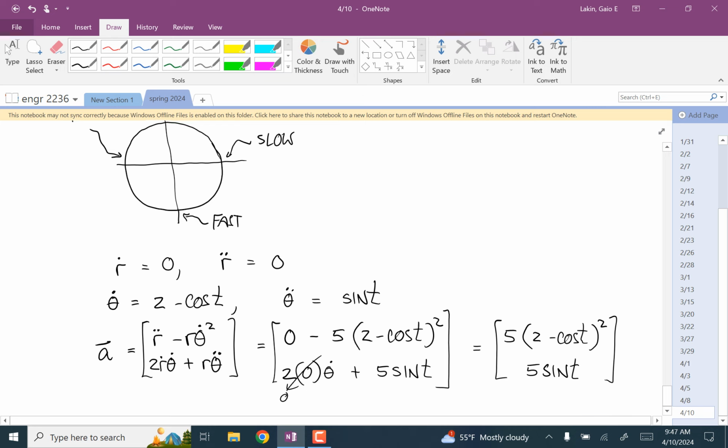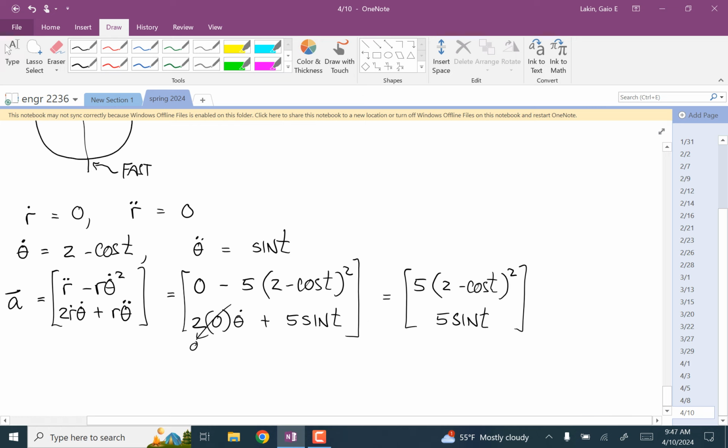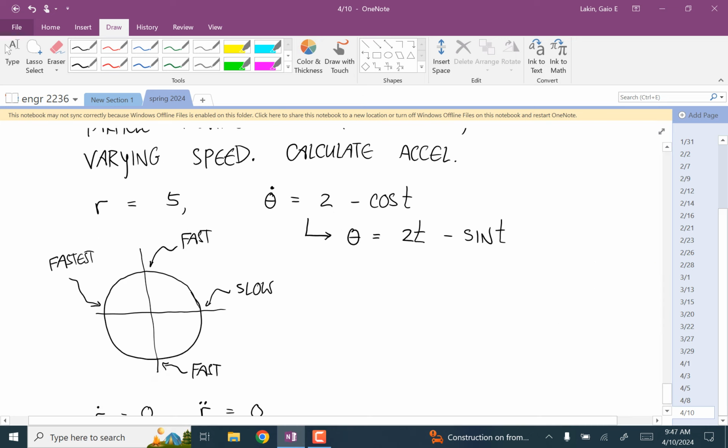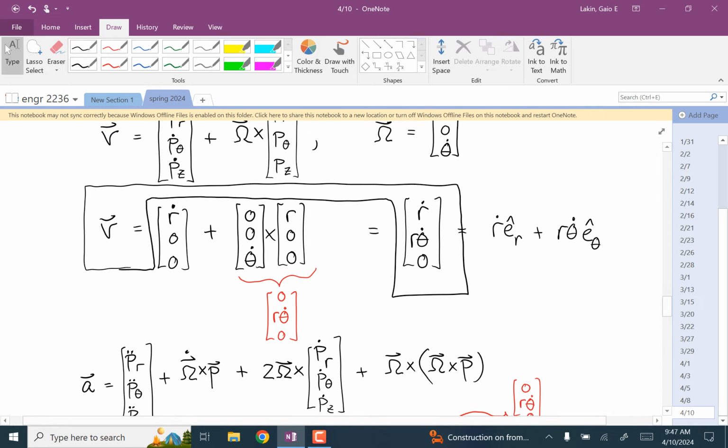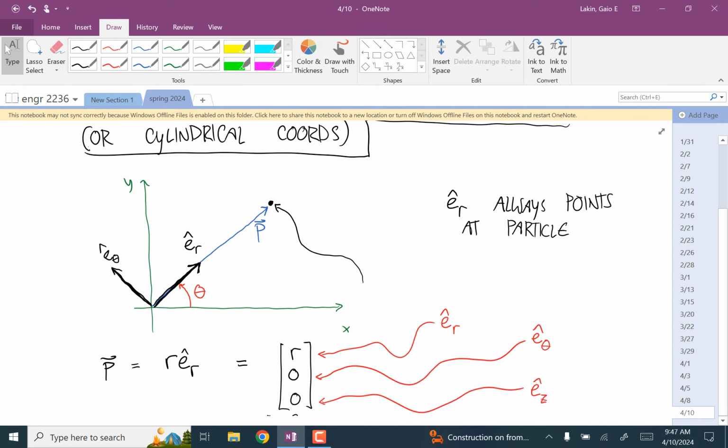And so now, remember this is your e_r component, this is your e_theta component. What if you wanted to express this acceleration now in that underlying XY coordinate system? How would you do that? Can you use a rotation matrix? Yeah, exactly. That's what you would do.